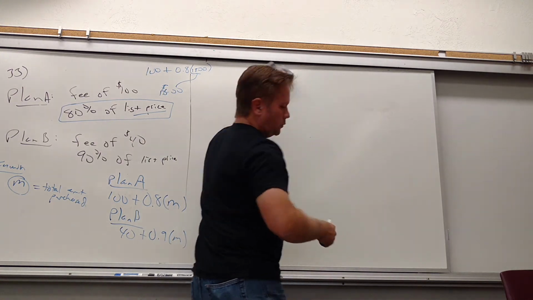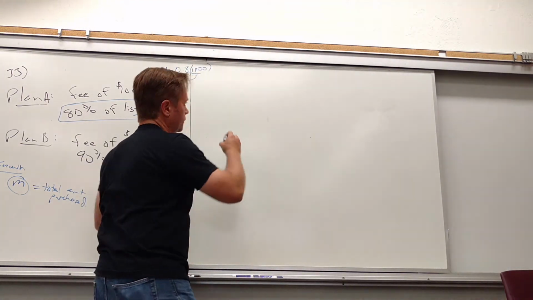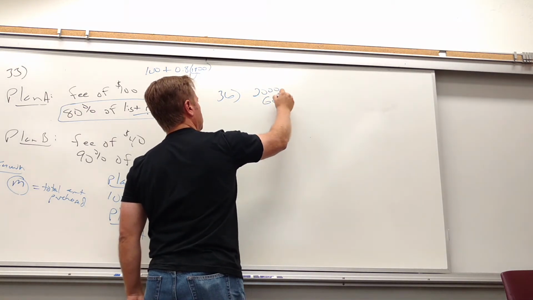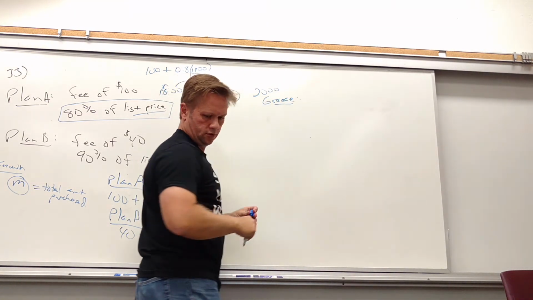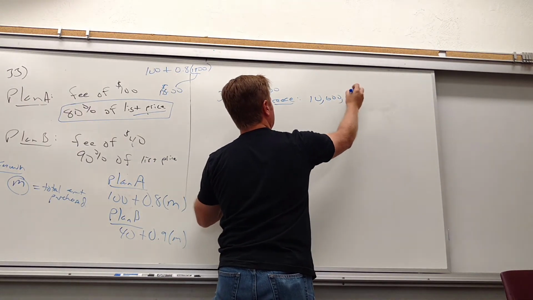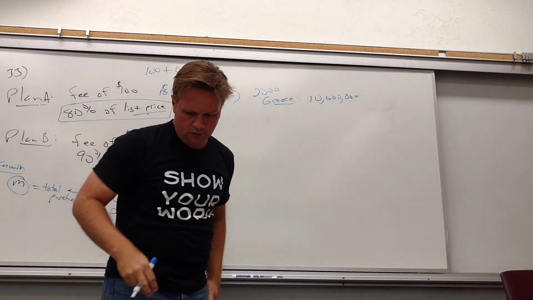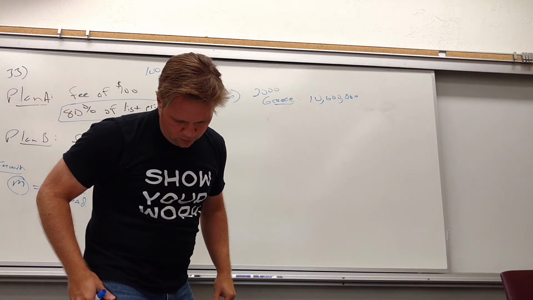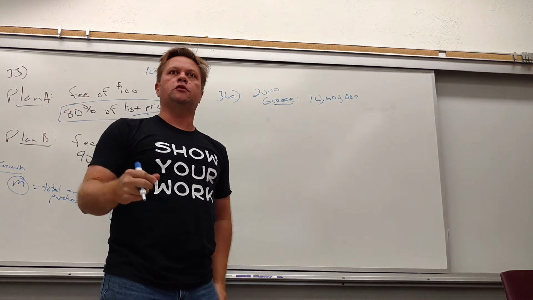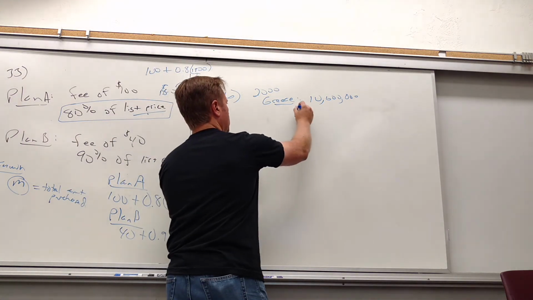So see, this is number 36. It says in the year 2000, the population of Greece was 10,600,000, with projections of a population decrease of 28,000 people per year.